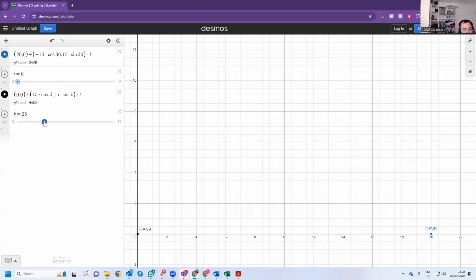You can change the angle again. But ultimately, they have to meet, so they have to have the same coordinate. They have to have the same vertical component. It doesn't matter how they're moving horizontally, as long as they are moving, we want Hank and Dave to move the same distance vertically.